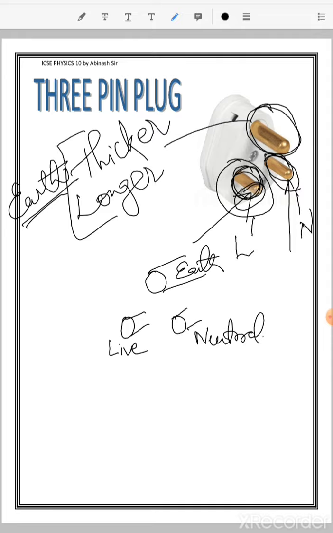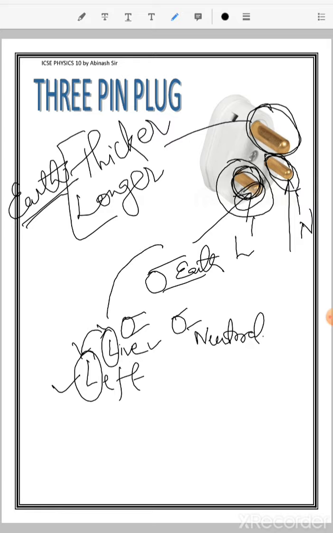You just remember that the plug is facing you, towards your left, so L for left, L for live. This is how I used to remember. Left starts with L and live also starts with L, so they coincide, but the condition is that the plug should face towards you. The plug should be facing towards you, and then the left one is live and the right one is the neutral.